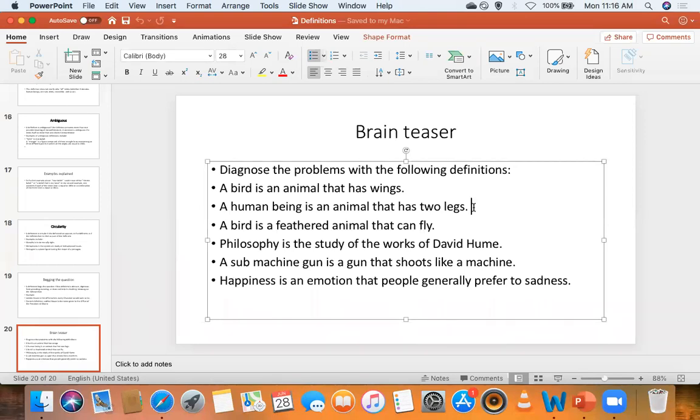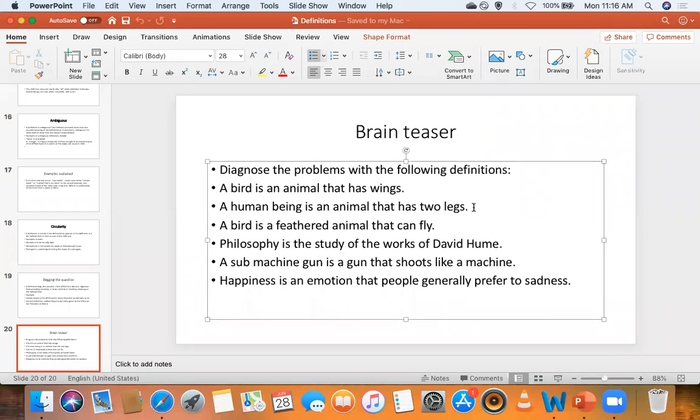Yes, a monkey. If we have other animals with 2 legs, then it means the definition is too broad.